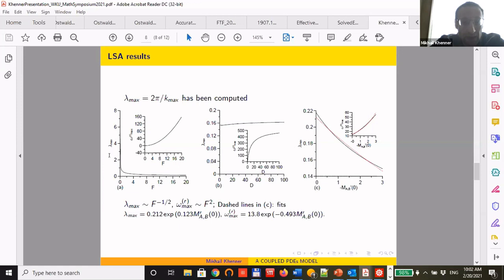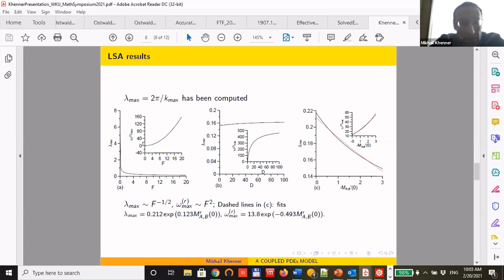And one can see that this lambda max is inversely proportional to the square root of the electric field strength. So when the electric field strength becomes larger, the wavelength becomes smaller, and our hills become more dense on the surface, where surface density becomes larger with the increase of the electric field strength.